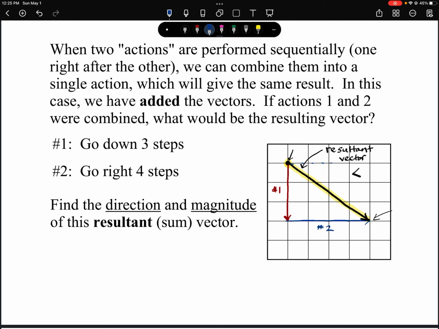We always write our horizontal component first, which means we're going to the right 4 units, and then we're going down 3 units, so -3 there. Okay, so that's our component form. Okay, so finding the direction, we could do that. Let's take it here.